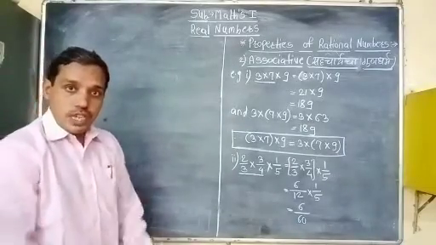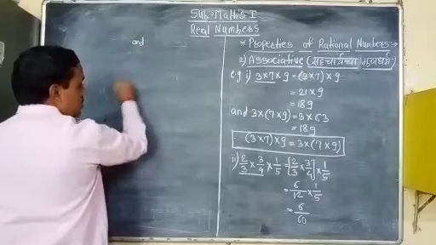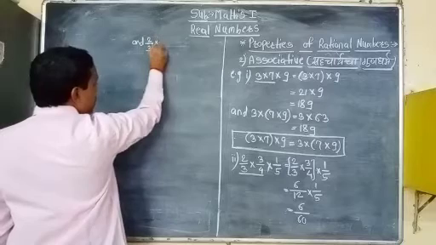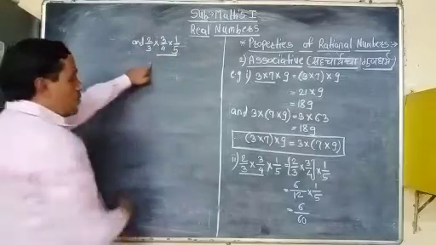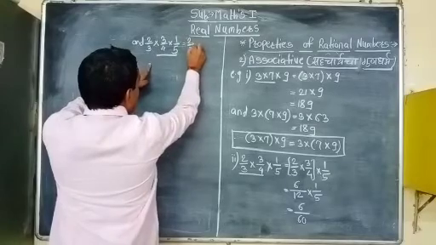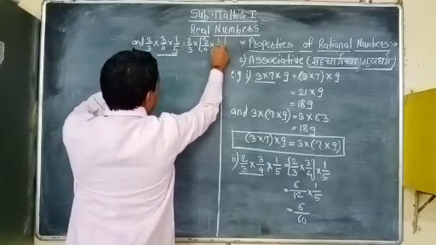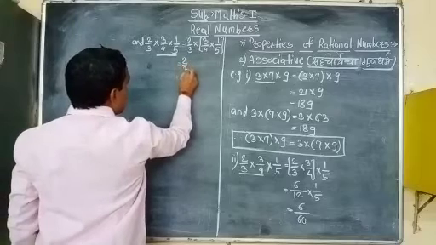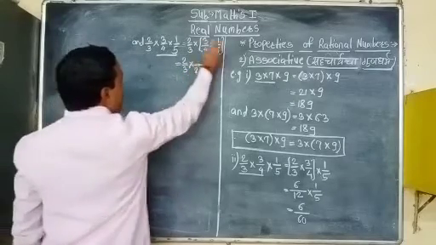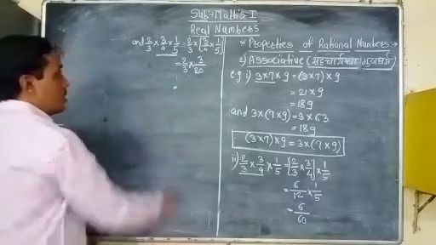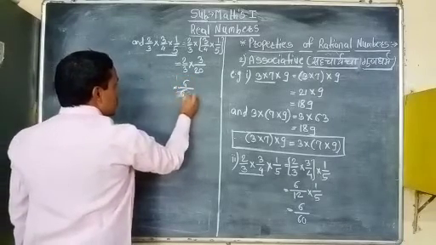Now we take the product of the second and third numbers first: 2 by 3 into bracket 3 by 4 into 1 by 5. 4 fives are 20 and 3 ones are 3, so 2 by 3 into 3 by 20. 2 threes are 6 and 3 twenties are 60.